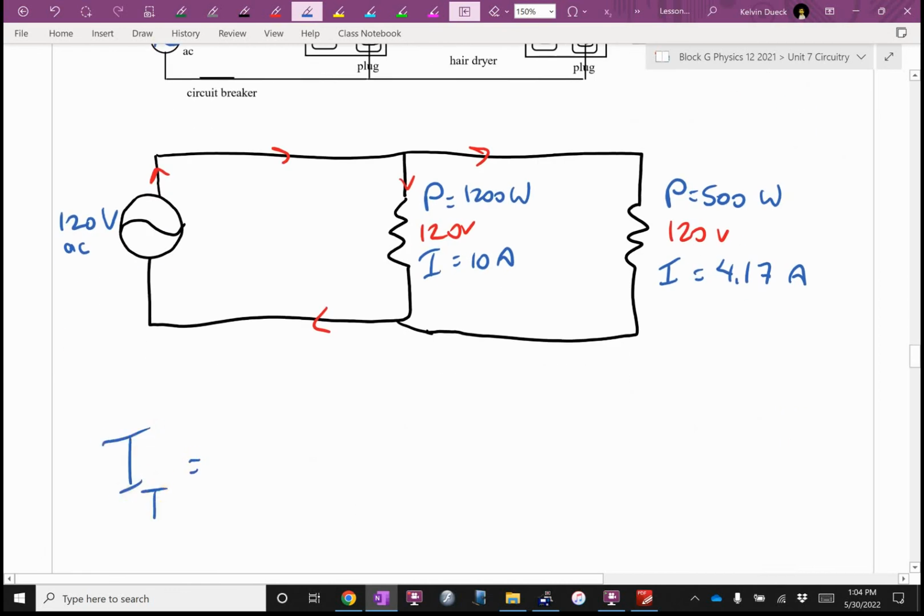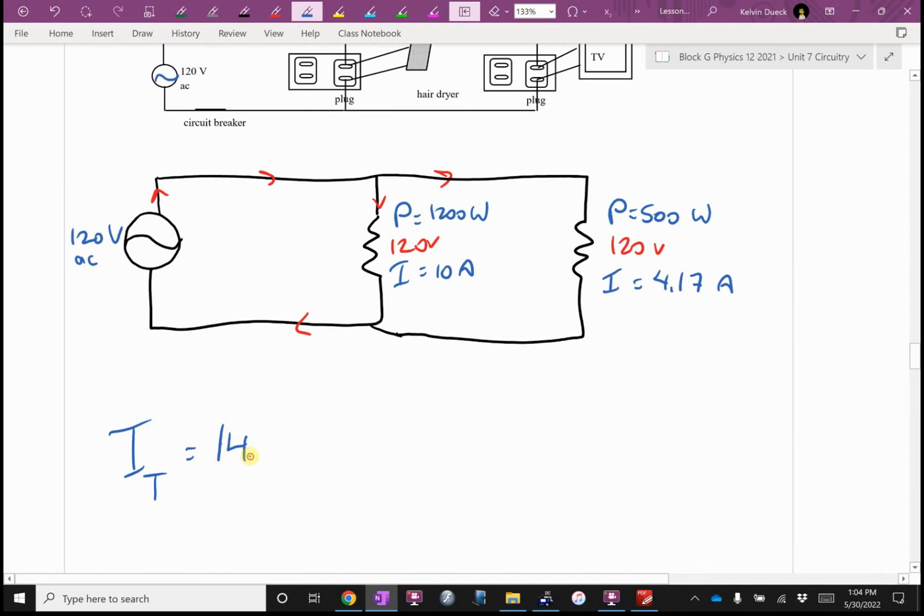What's the total current going through this circuit? How many amps before I blow the breaker? The question told me. Am I going to blow a breaker? I'm close. Plug anything else in?